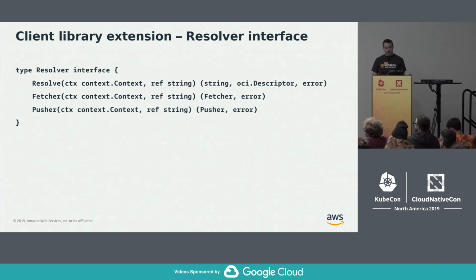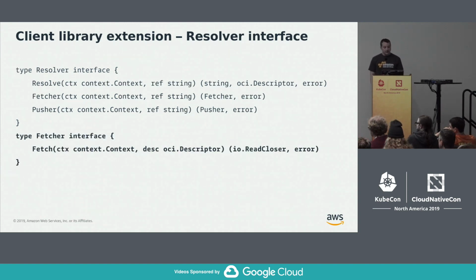There are 2 more functions here, and they look really similar to each other: a fetcher and a pusher. These both return objects that know how to get content or how to push objects to a remote. If you only really care about retrieving things, you can implement a resolver with just the fetcher. You don't have to implement the pusher, but if you want to both push and pull images, you need to implement all of these parts.